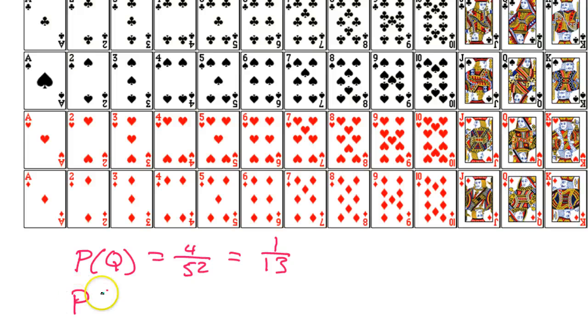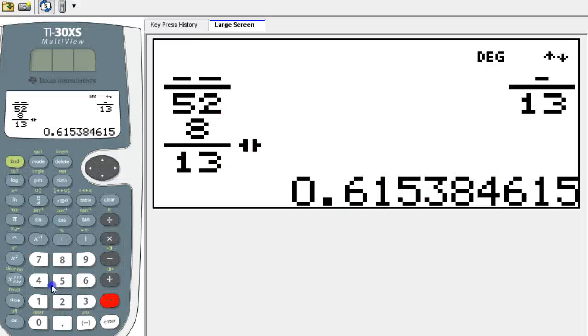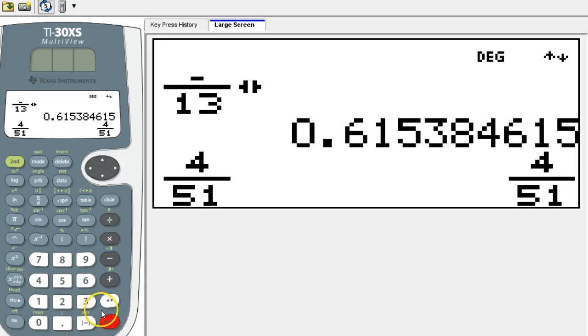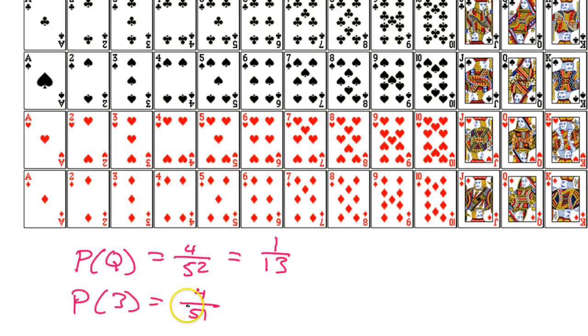Okay, so I'm calculating the probability of drawing this 3. So there are 4 3s, but there are not 52 cards anymore. Now there are 51 cards left. And I don't think this reduces. All right, 4 out of 51. No. Okay, so that is the probability of drawing a 3 under these circumstances where we did not put the queen back.